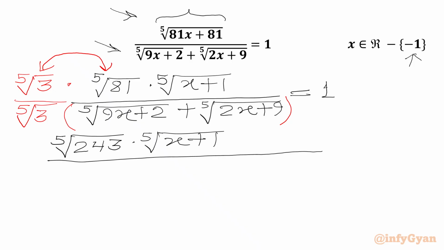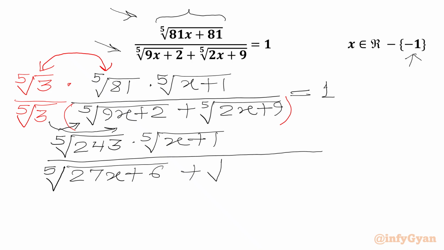We are going to multiply fifth root of 3 with both the terms. So we get fifth root of 9 times 3, 27x, 3 times 2, 6, plus fifth root of 3 times 2, 6x, plus 3 times 9, 27, equal to 1.